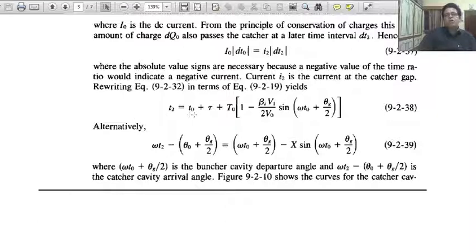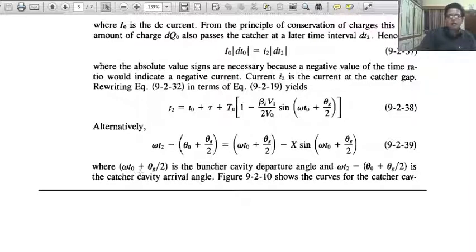Now T2 is given by T0 plus tau. The same relation we use again: if we want the expression for T2, then by using this extra term and relation 19 we can get it easily, and again converting it into radians we multiply by omega, and this equation converts into this.